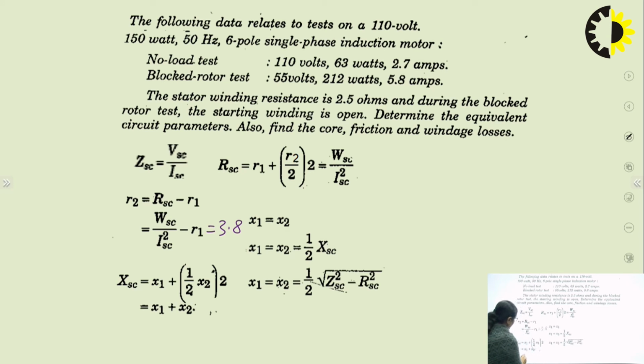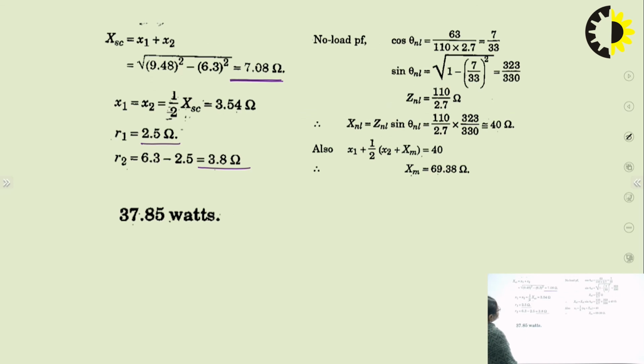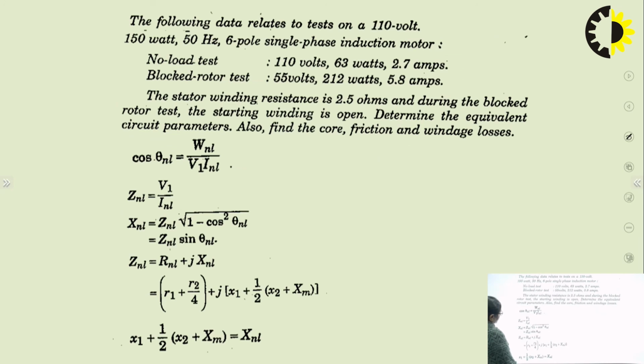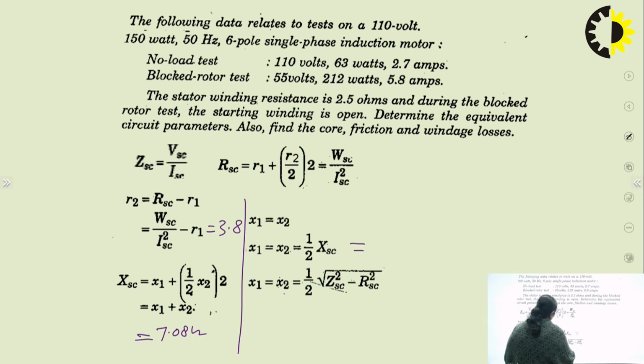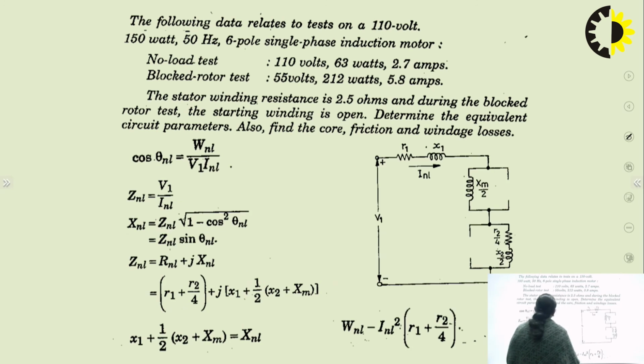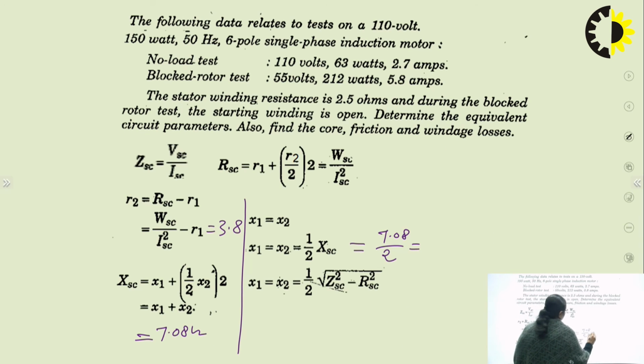And knowing XSC, I can calculate X1 equals X2 equals 7.08 divided by 2, so it can be written as 3.54.